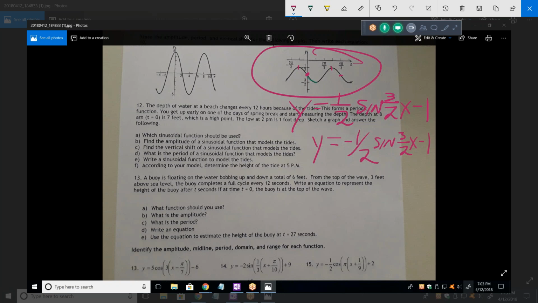Okay. When I plug in x is 0, that's that point right there. What is y supposed to be? -1. Okay, so y of 0, I'll borrow from f of x notation here, is indeed -1/2 times the sine of 3/2 times 0 minus 1.